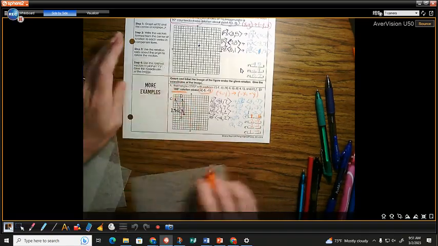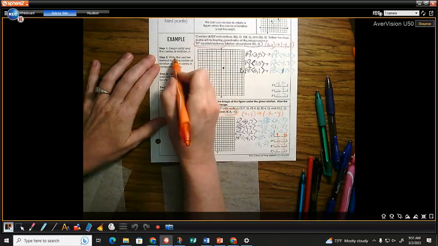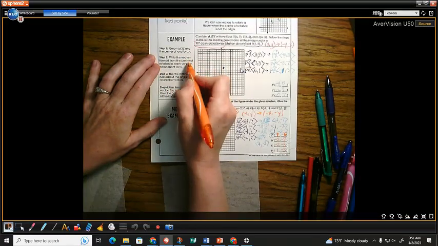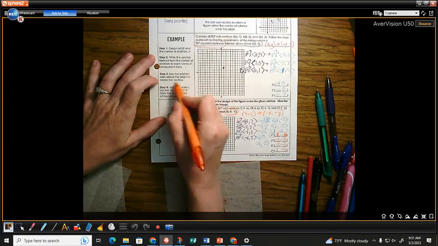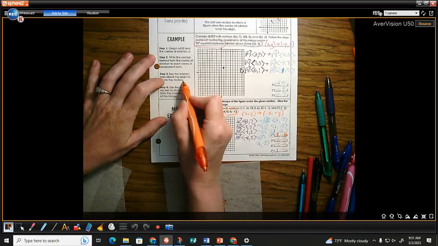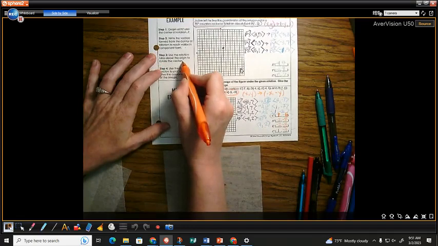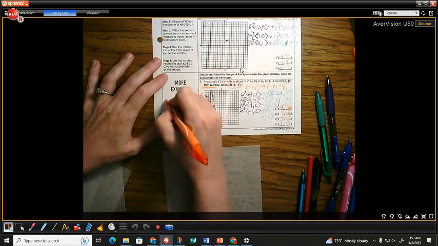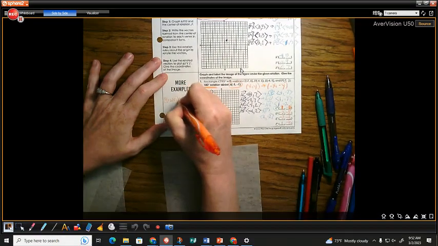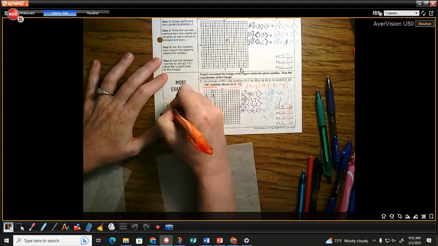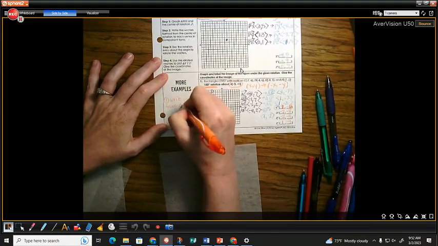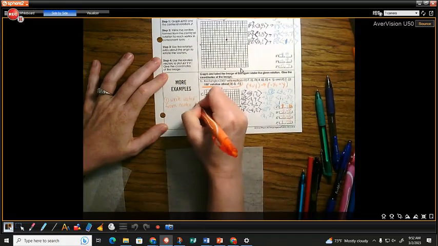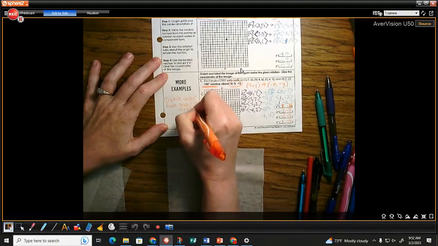But that's all you do. Your steps are: write the vectors from your center to each vertex, rotate the vectors using your rule, and then use the new vectors to find your new points. So I'm going to write these shorter. Step 1: write vector from center to vertex.